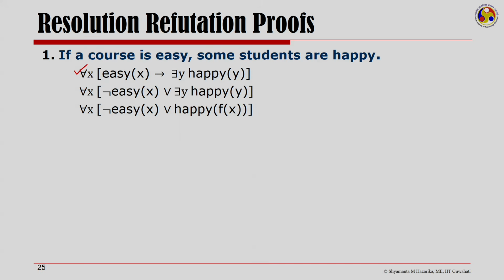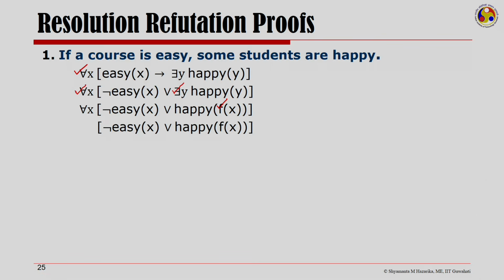This is very important to remember from our last discussion: here this y is dependent on the universal quantifier x, and therefore, we would introduce what is called a Skolem function f of x to replace the existential quantifier there exists y.